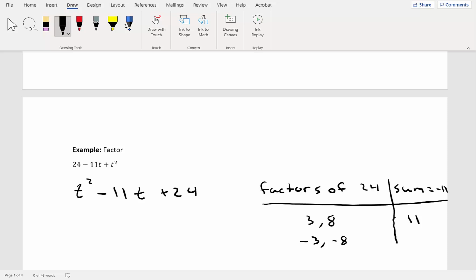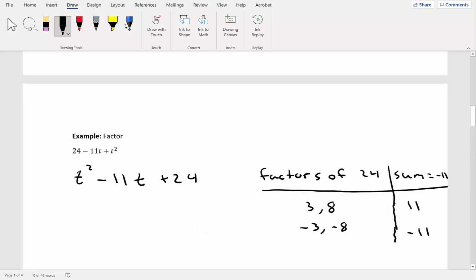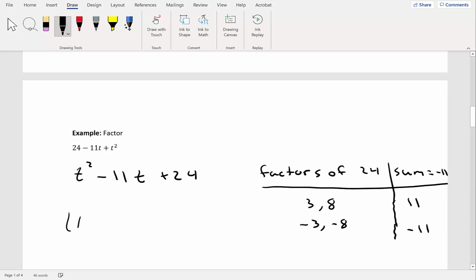So negative 3 times negative 8 gives me positive 24. If I add them together, it gives me negative 11, which is the combination we're looking for. And now we can go ahead and factor this out. We get t minus 3 and t minus 8. Now we have that trinomial factored out.